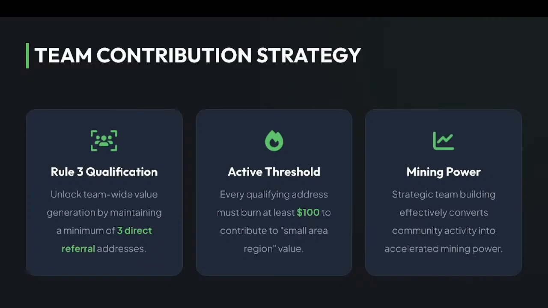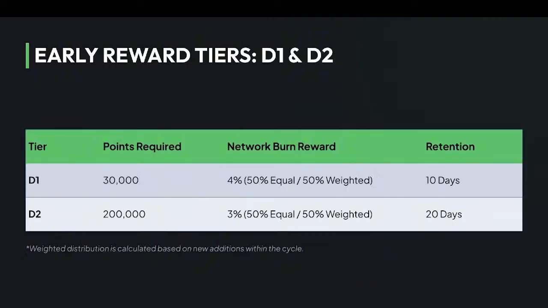So let us move directly into the next slide. Okay. We introduce the first 2 levels of the reward system, tier 1 and tier 2. These are early reward tiers, but they offer incredibly powerful incentives for community builders who are just starting to scale their network. First, let's look at tier 1.